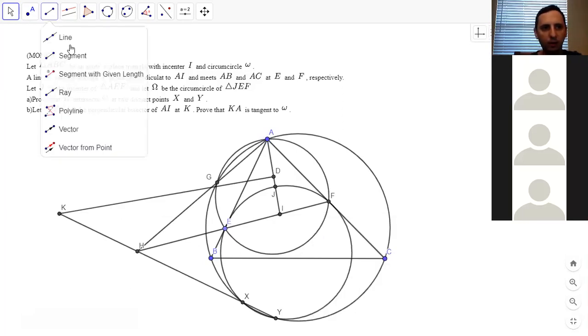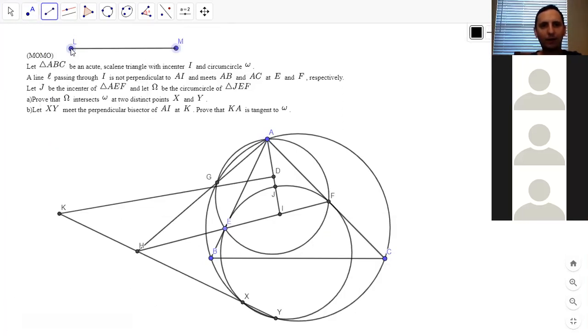I feel like I've seen another problem that we did very similar to this.